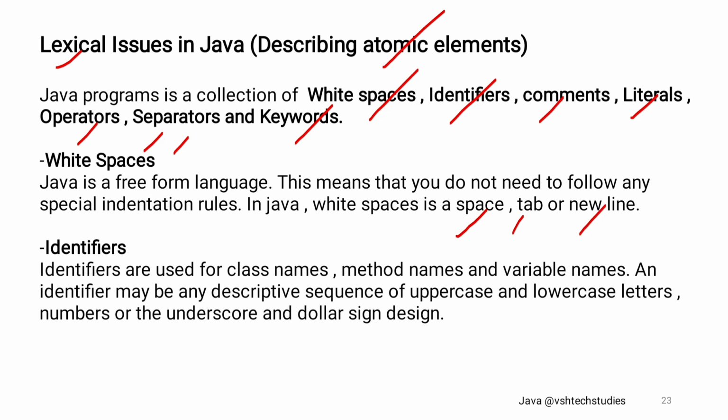New line moves the cursor to the next line. These three belong to white spaces. Next, identifiers means the names given to classes, methods or any variables. To give the name we may use uppercase or lowercase letters, numbers, underscore or dollar sign.